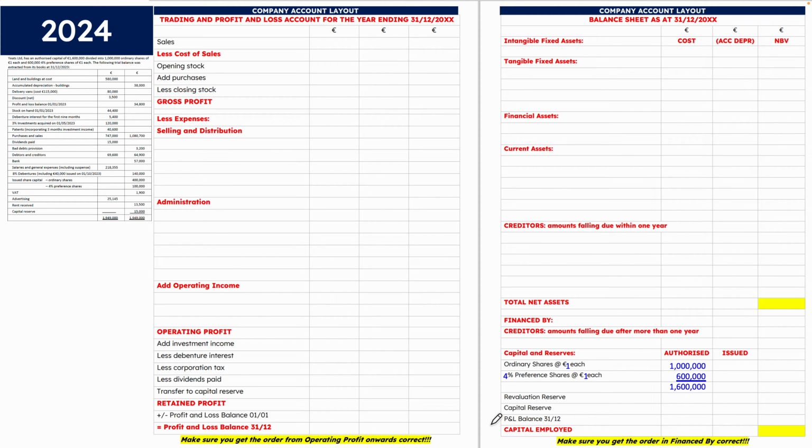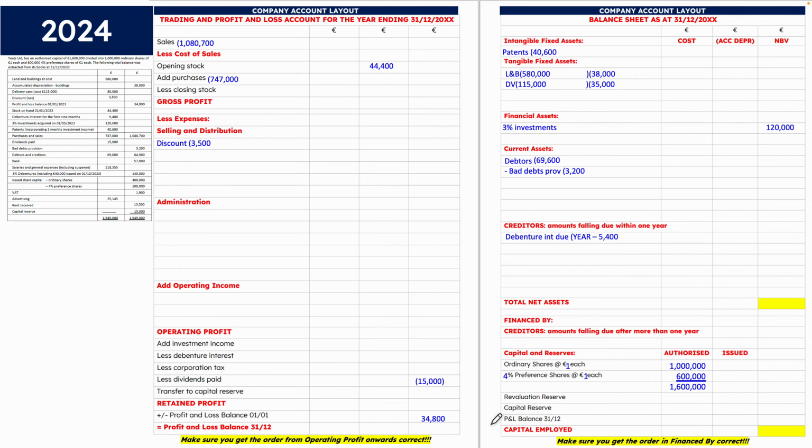So if we were putting the figures into the face of the accounts, this is what it's going to look like. When you're doing this, you want to make sure that you know the layout. So you've got the bones of the layout done, and then you're slotting in all of your figures.